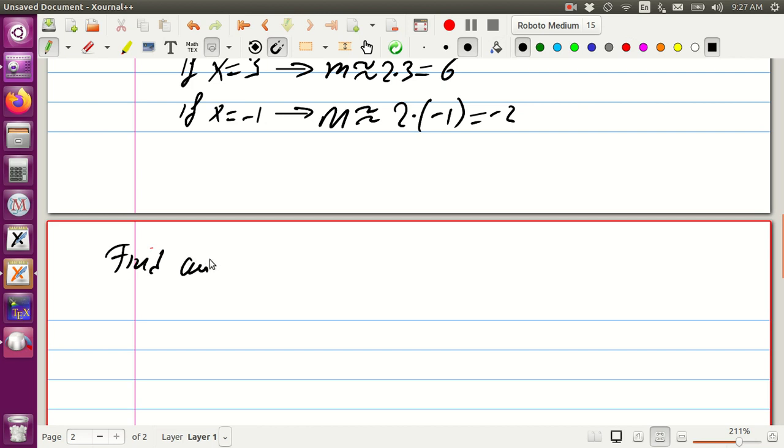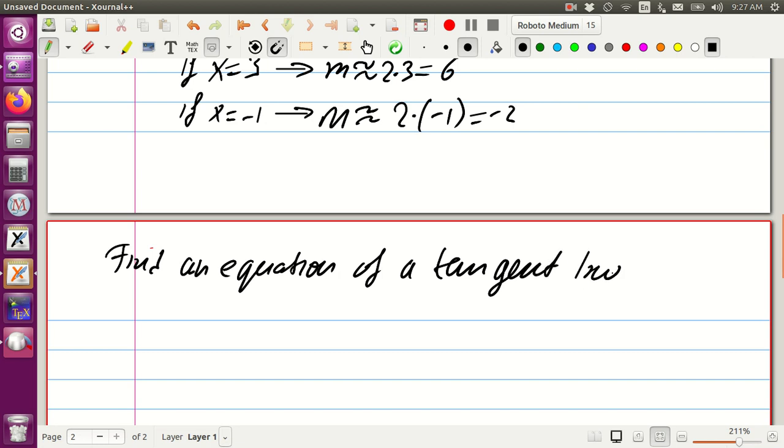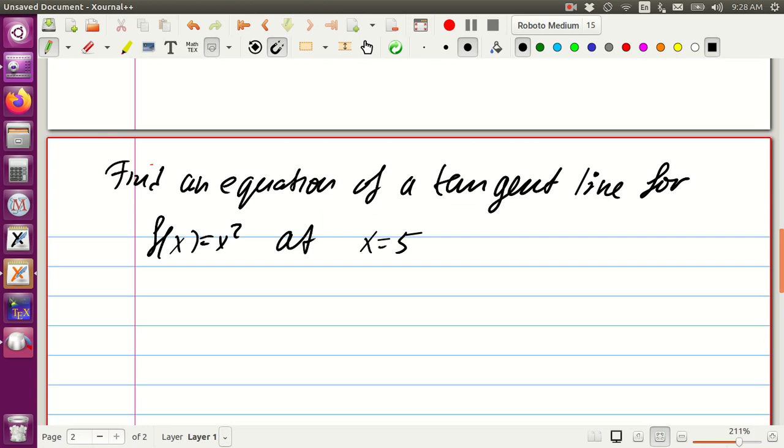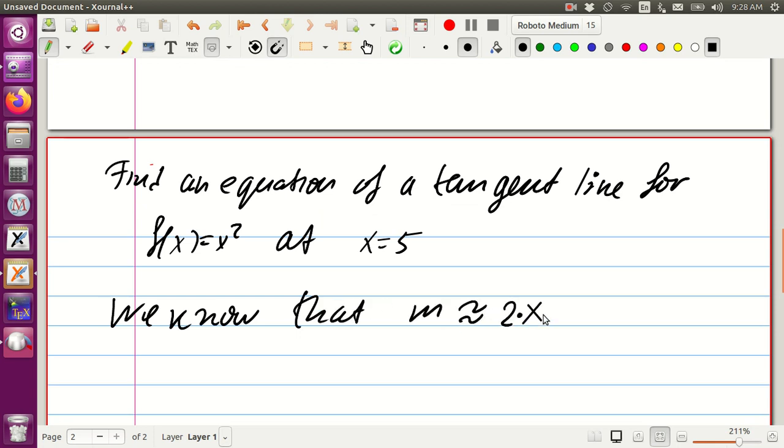The small exercise: find an equation of a tangent line for f of x equal to x squared at x equals 5. We know from the previous exercise that m is pretty close to 2 times x.